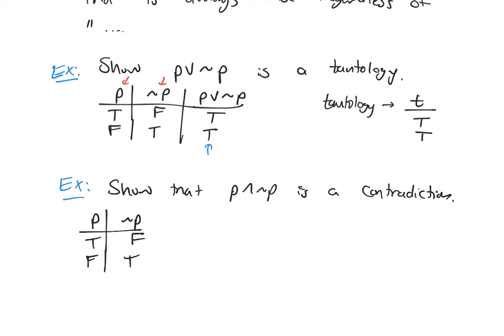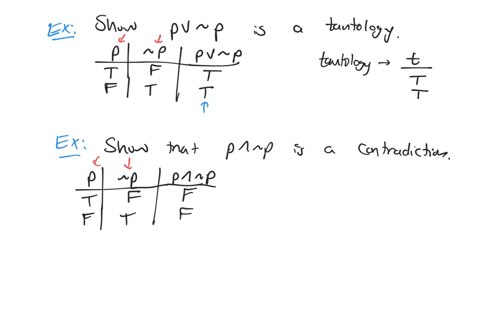And now we're putting an and between these, P and not P. So you're looking at your first 2 columns and putting an and between them. So you get false and false. My column consists entirely of false. That means you have a contradiction. Contradictions, we usually label them with a C in the truth table, and it's a column of only F's, false.